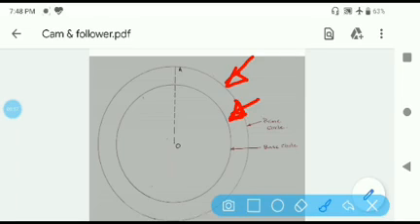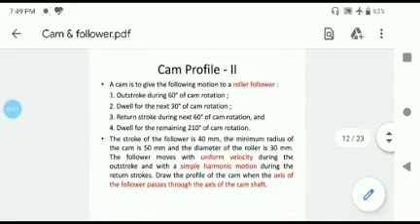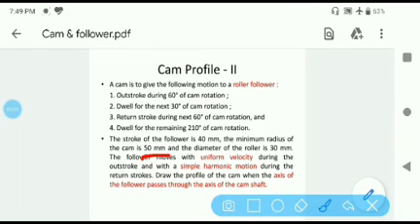The prime circle radius will be the sum of the base circle radius and the radius of the roller. In the question, it is given that the roller radius is 15 millimeter. So the prime circle radius will become 50 plus 15, that will be 65.